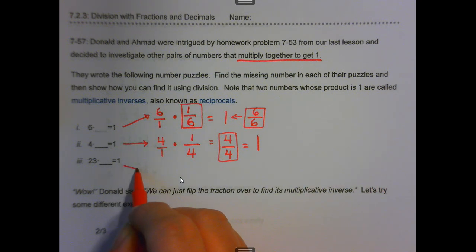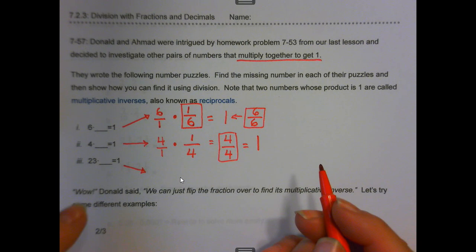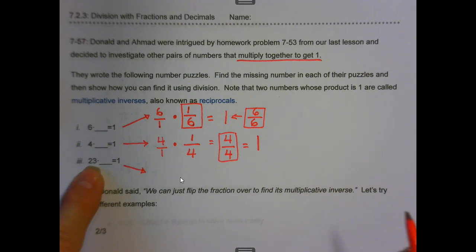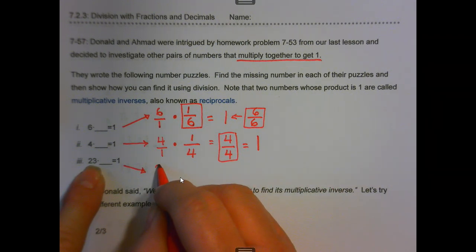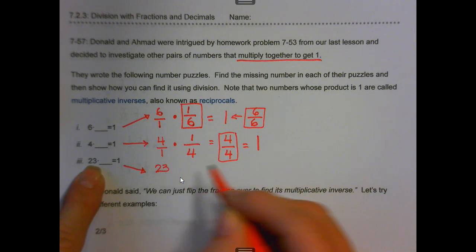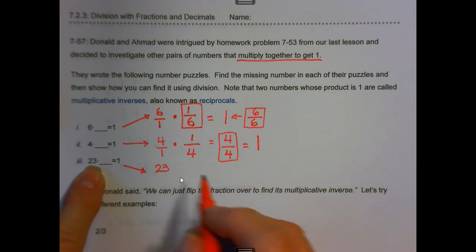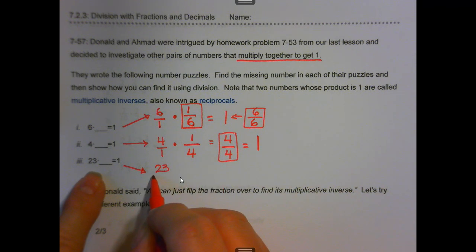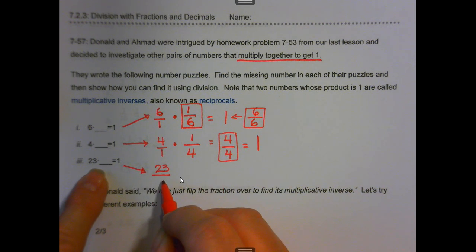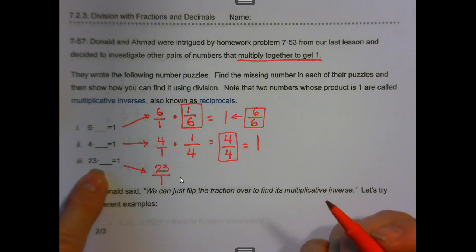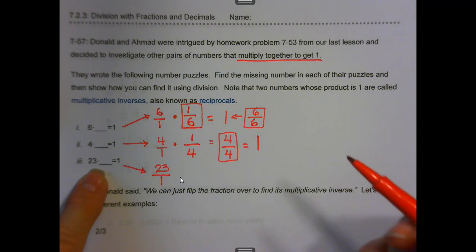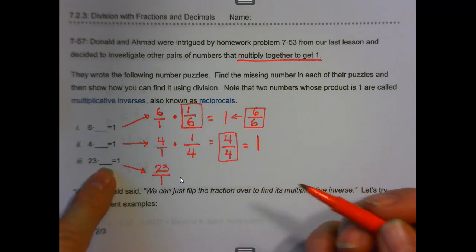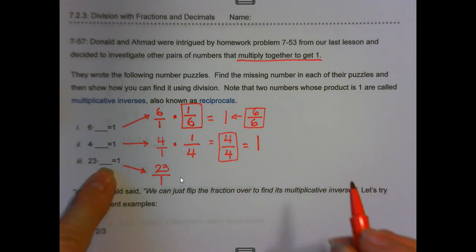This problem here, we're not going to let it make us freak out or get too worried about it, even though 23 is one of the bigger numbers we've worked with in the past with our multiplication and division of fractions. I'm going to do the same thing where I change this into a fraction. It does not change the value, it just changes the way it looks. And now I'm going to think, what would I be missing in the middle here?